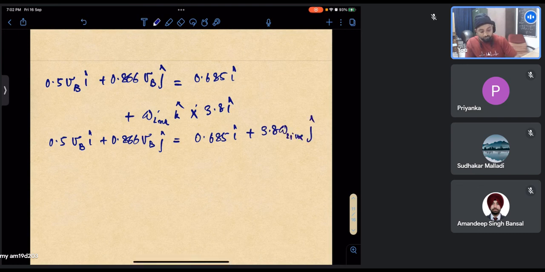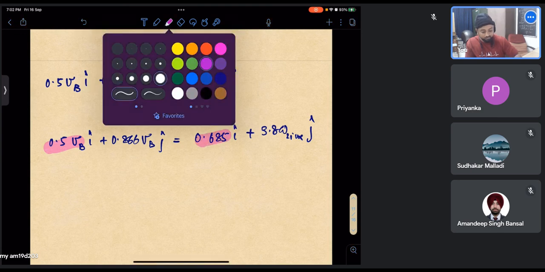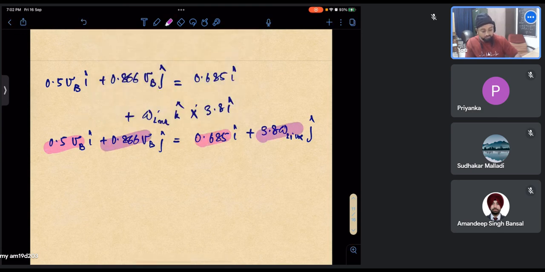Can we group these quantities? These have to be equal for this equation to hold.